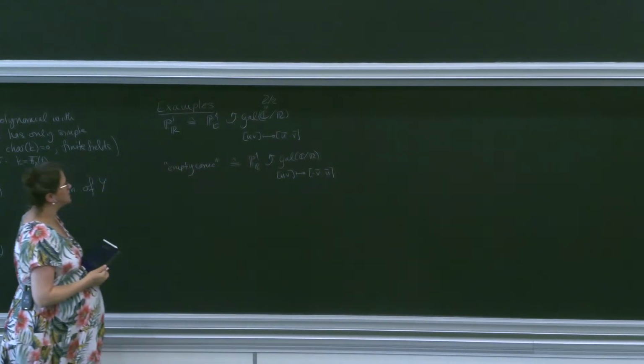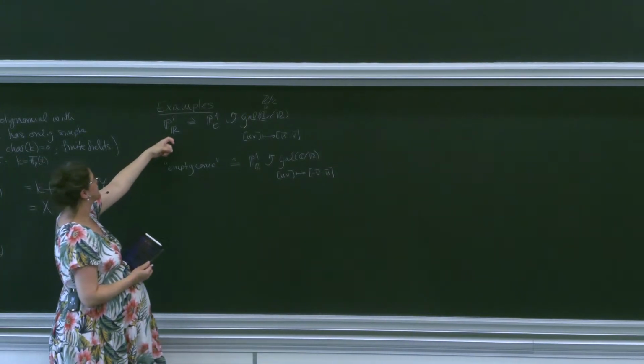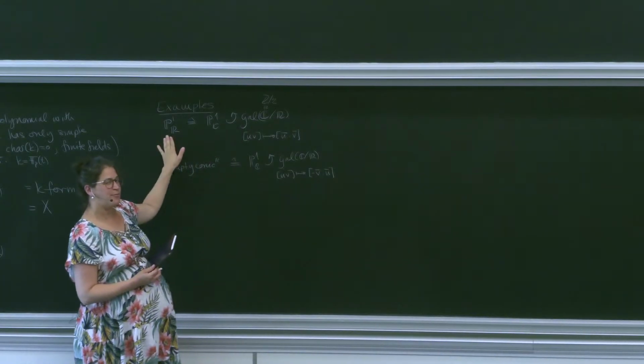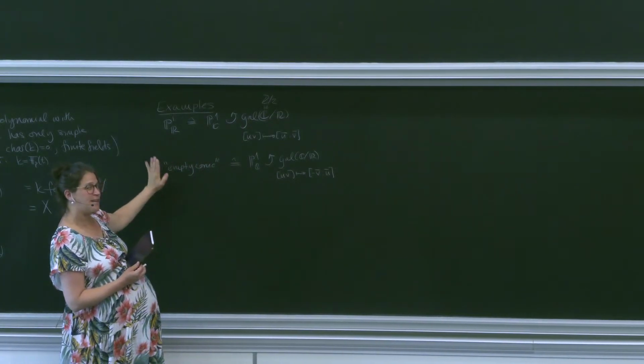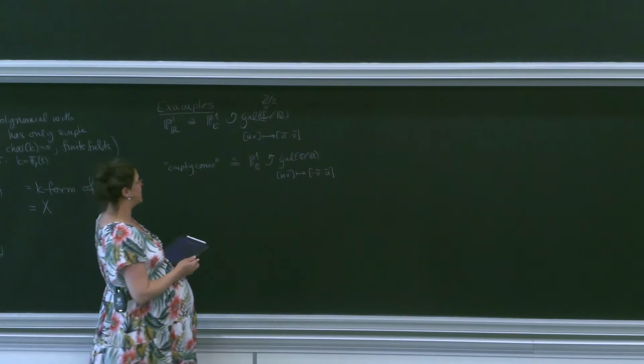And the way you can distinguish them geometrically, that's a part of why I like R, is that the fixed point set of the Galois group is called the set of real points of a variety, and it gives you plenty of information.